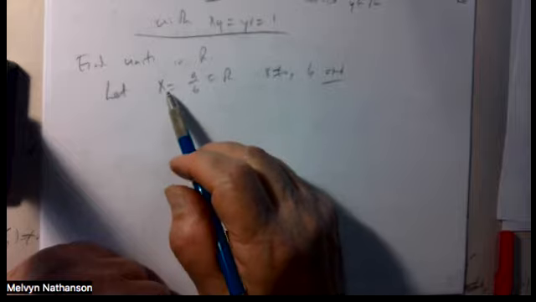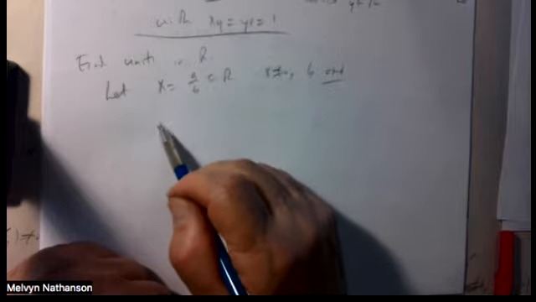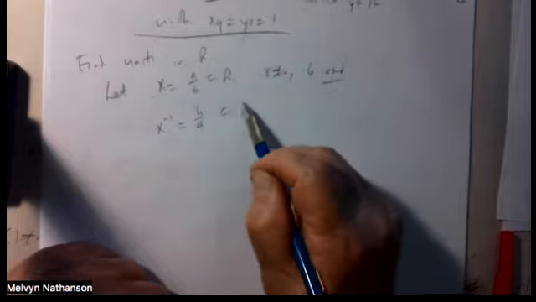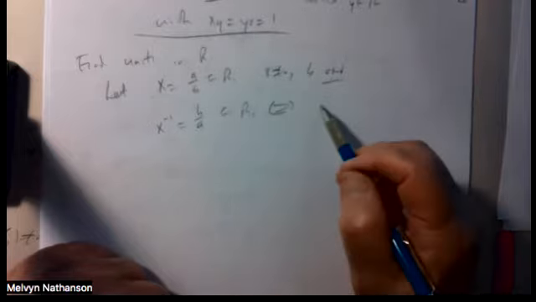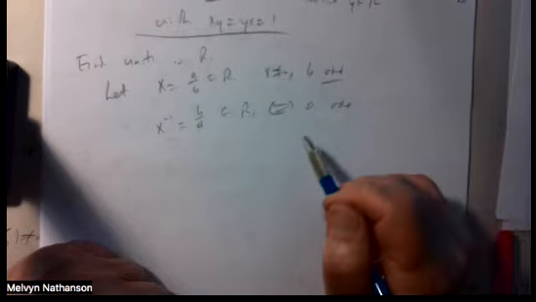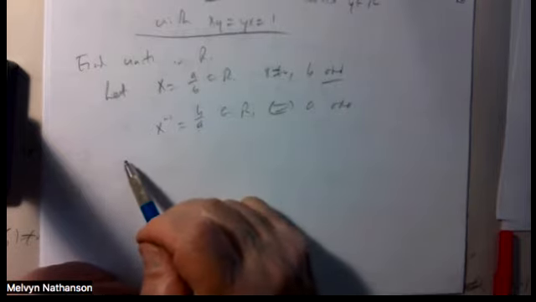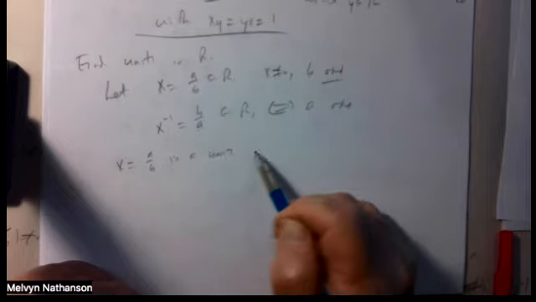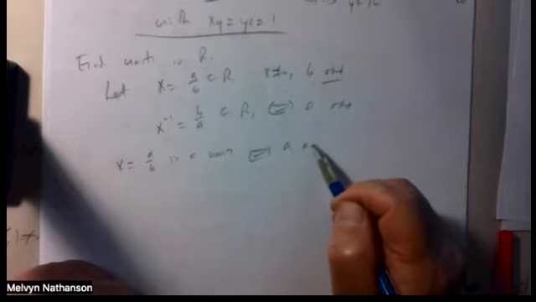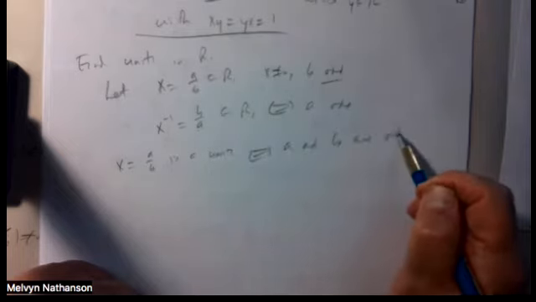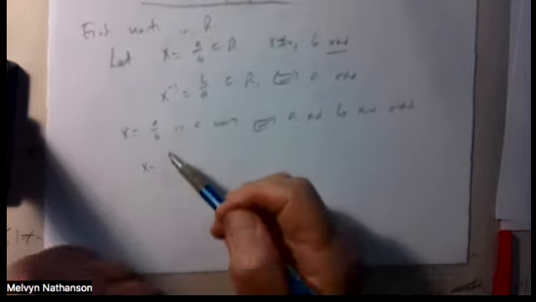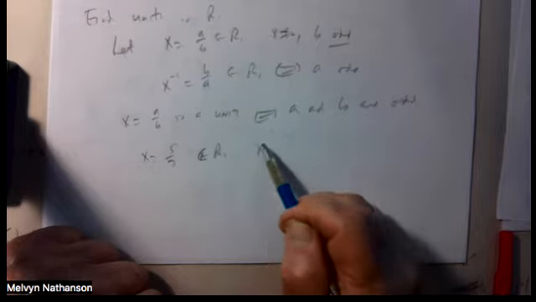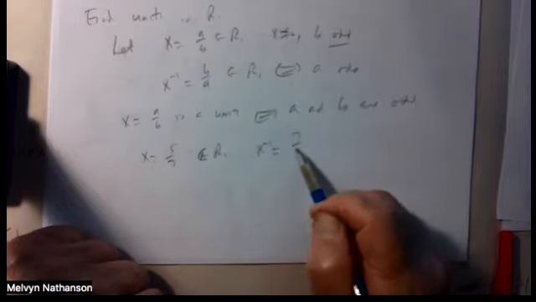Well, the only inverse, x inverse, is b over a. And b over a is in R1 if and only if the denominator a is odd, which means x equal a over b is a unit if and only if both a and b are odd. So for example, if you take x equal to 5/7 in R1, the inverse is 7/5.